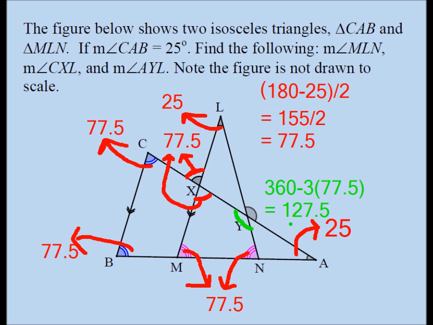Now if this green angle is 127.5, the angle we're looking for also has to be 127.5. Why? Because they're vertical angles. So this is my final answer. So this is one answer, this is my other answer, and this is the third answer. So I have all three answers here.